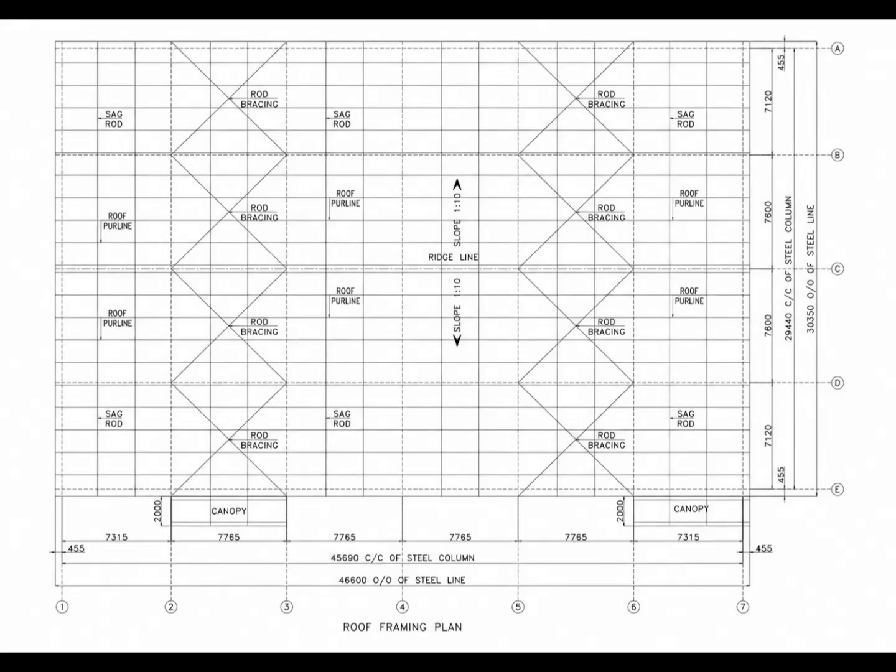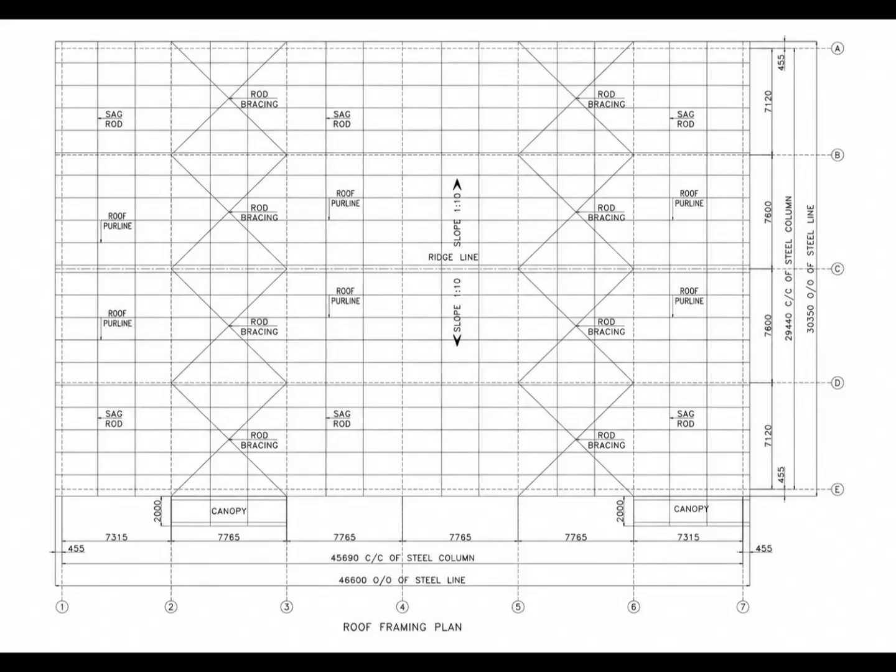Another dimension indicates approximately 46,600 mm overall steel line. These dimensions help us understand the overall size and arrangement of the roof framing system. For a PEB detailer or modeler, these dimensions are important because the location of every framing component has to correspond with the actual building geometry.